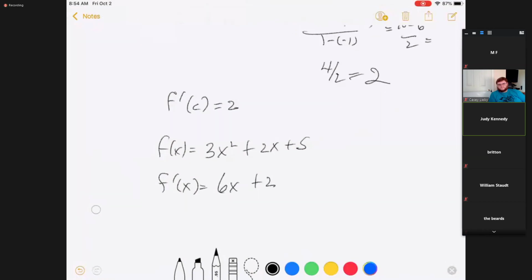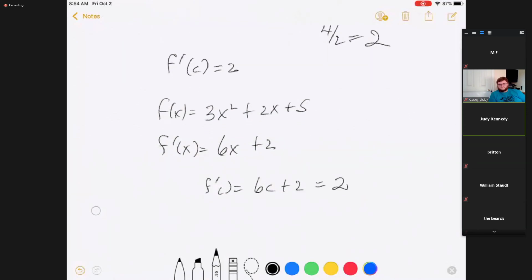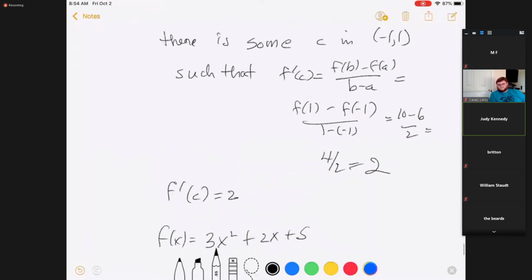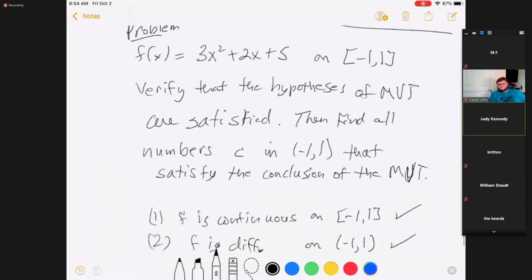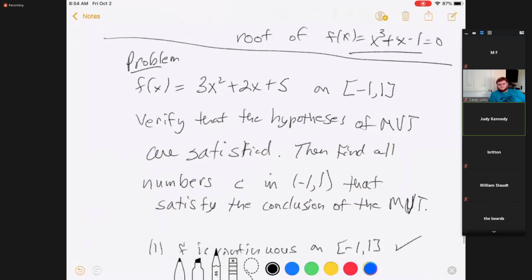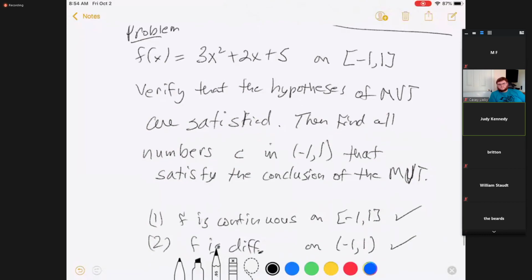That means that f prime of C is 6c plus 2, and it's also equal to 2. So 6c is 0, and c is 0. And that does it. There's only one place. In fact, this is a parabola, so there can only be one place.